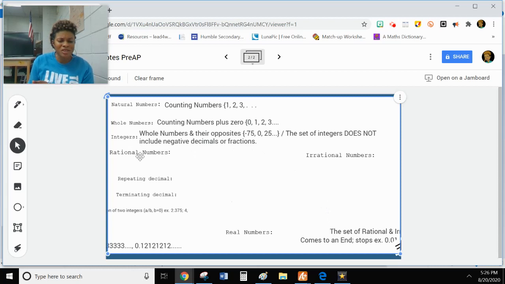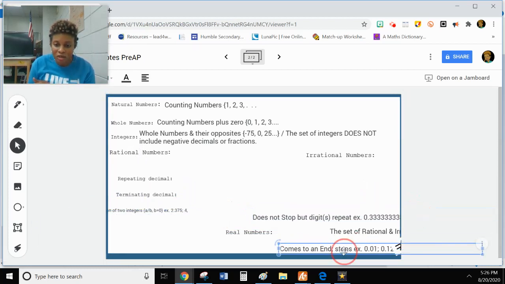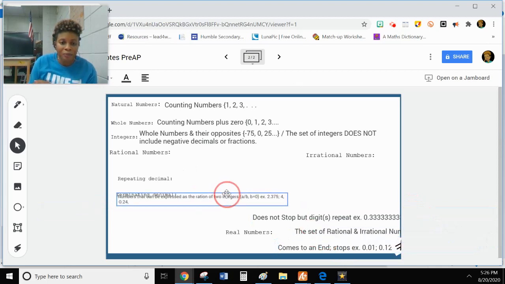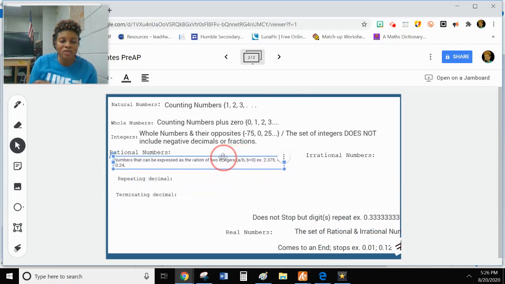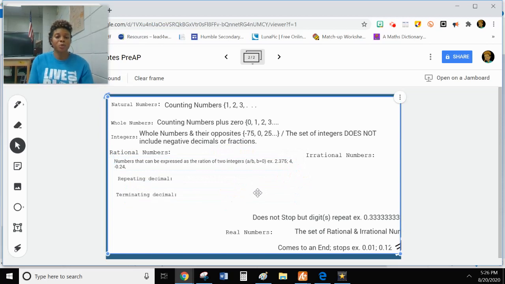Next, we have what's a rational number? Oh, there it is. So a rational number is a number that can be expressed as a ratio.